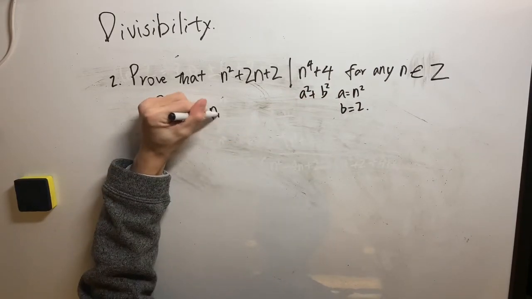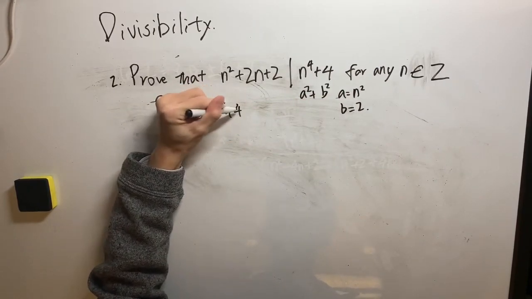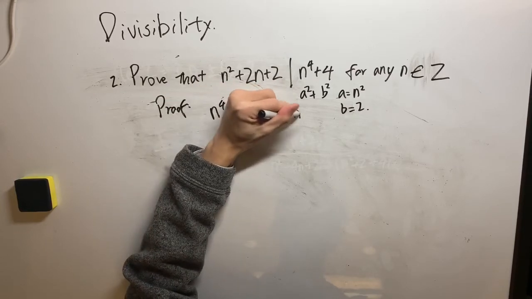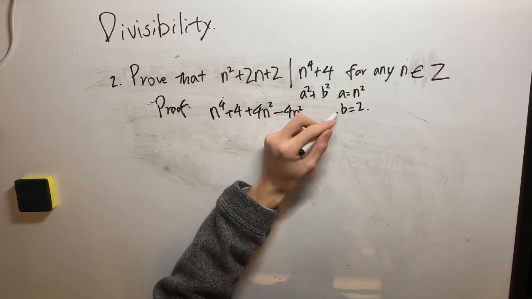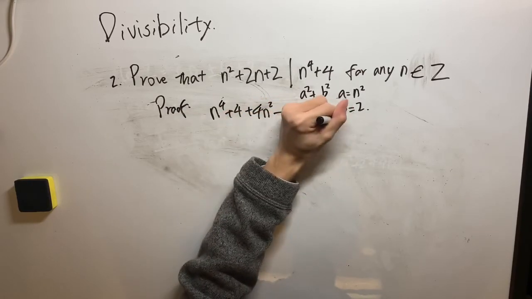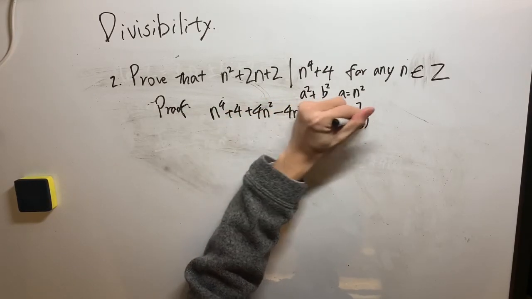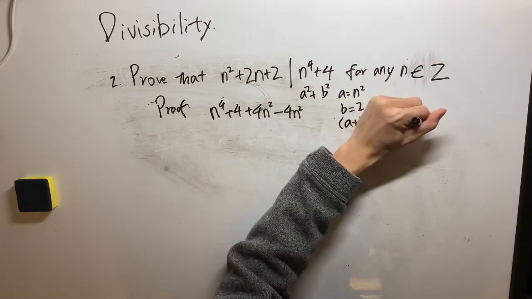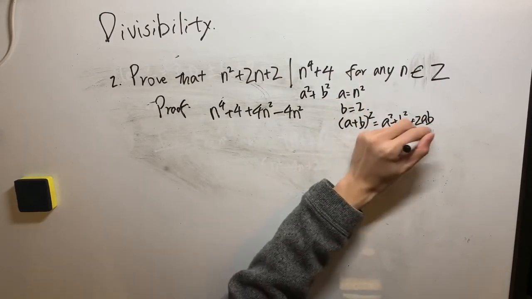So n to the fourth plus 4 plus 4n squared minus 4n squared, because we all know that a plus b squared equals a squared plus b squared plus 2ab. So we add 2ab here.